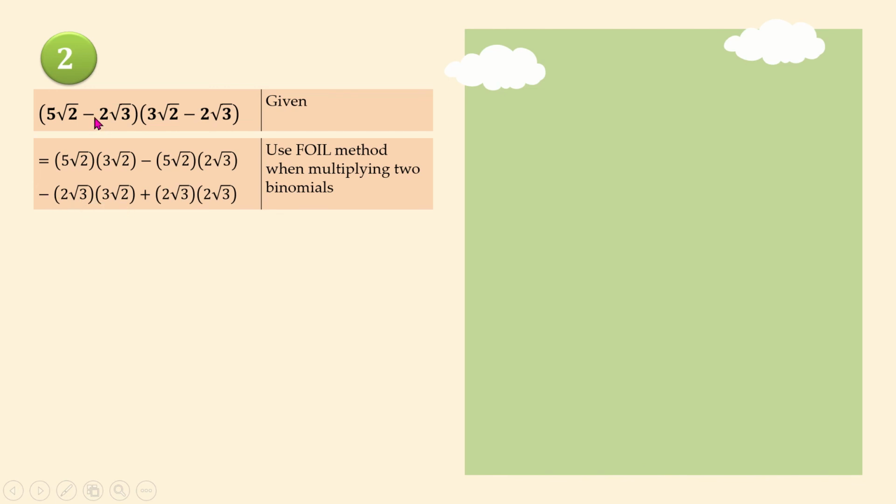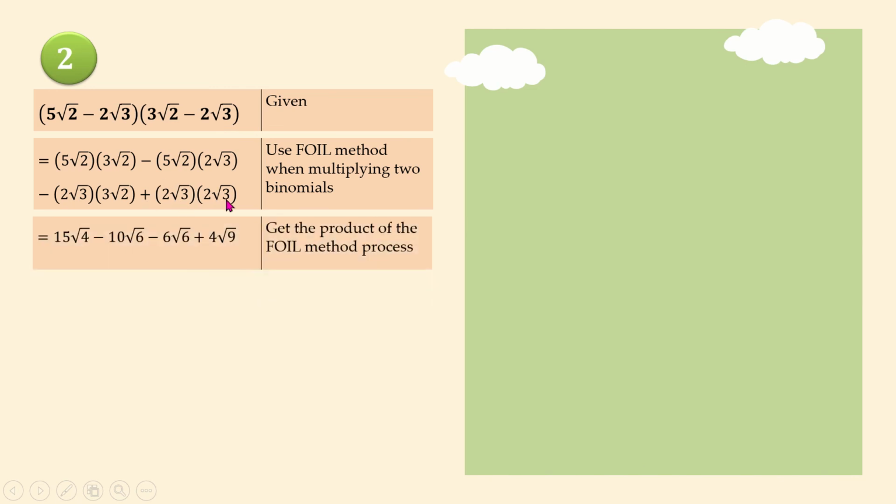Then, last term: negative 2 square root of 3 times negative 2 square root of 3. They are the same, and negative times negative is positive: 2 square root of 3 times 2 square root of 3. Now the product: 5 times 3 is 15, and 2 times 2 inside is 4, so 15 square root of 4.